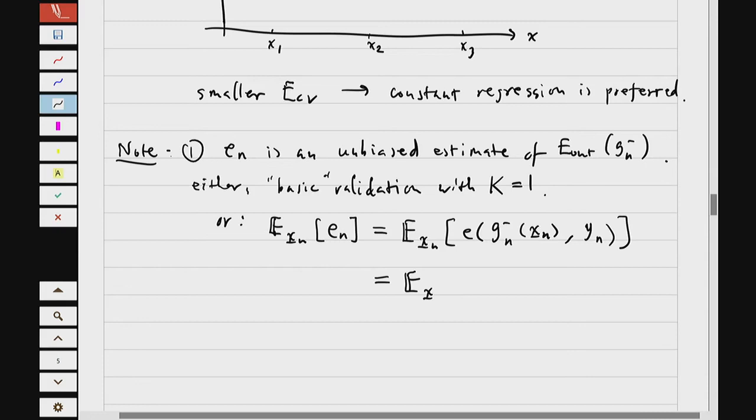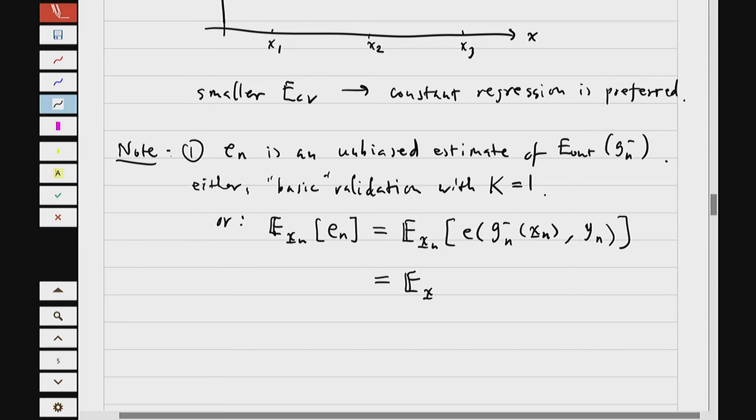If you look at this expectation, the randomness is on xn, and inside the error also only involves xn, right? I can replace this xn by any data point. This will be the same, because all of these data points are identically distributed. I can change this n to anything.